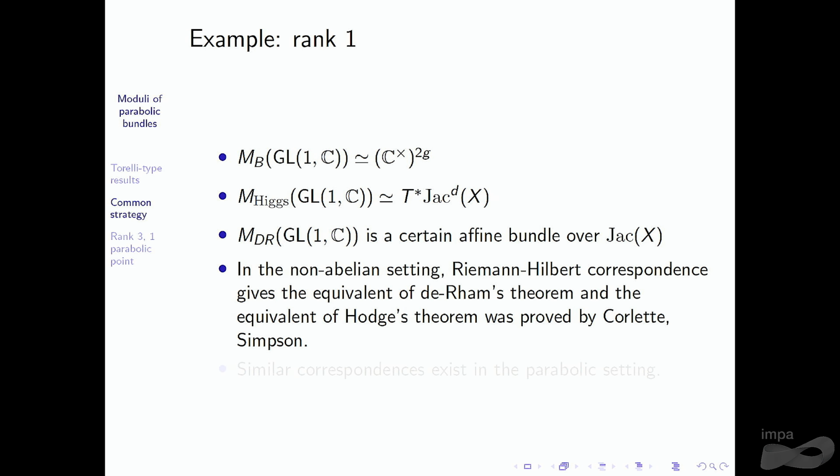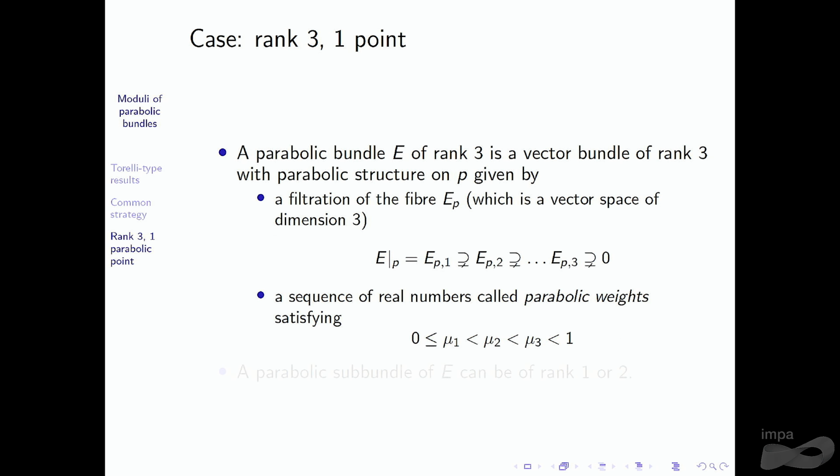All right. Let's recall what rank 3, 1 point was. Rank 3, 1 point means that I'm just looking at these parabolic bundles, and I have this filtration and these weights, and in this case a parabolic subbundle is going to be of rank 1 or 2.